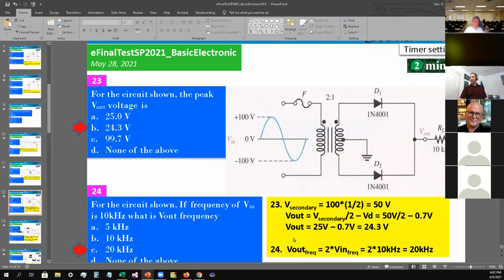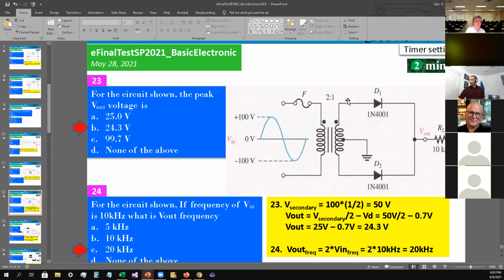Next one. 23, for the circuit shown, the peak V out voltage is... V out will be over here. We have 100 volts from here to here, and this is 2 to 1, so 100 on this side gives 50 on the other side.